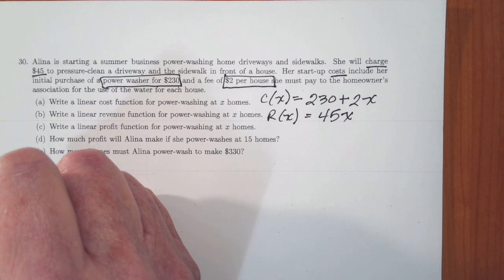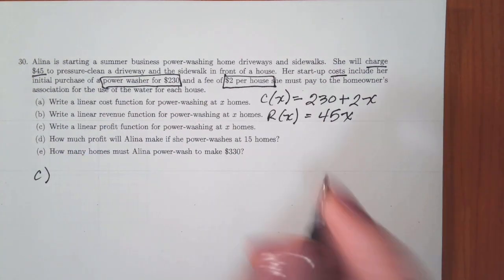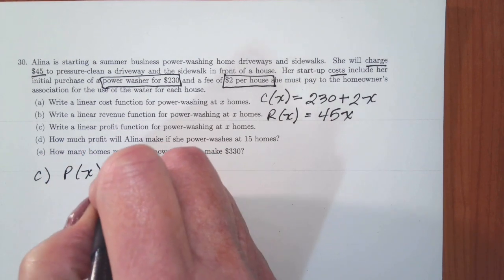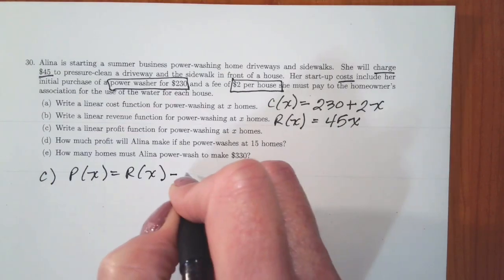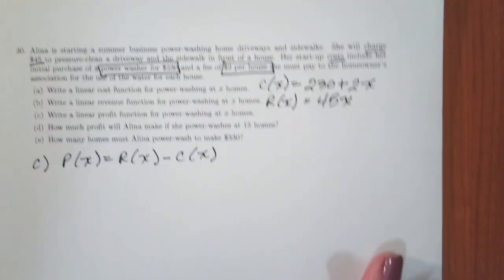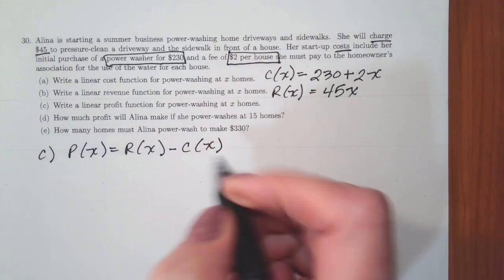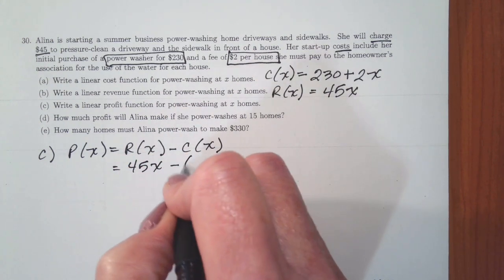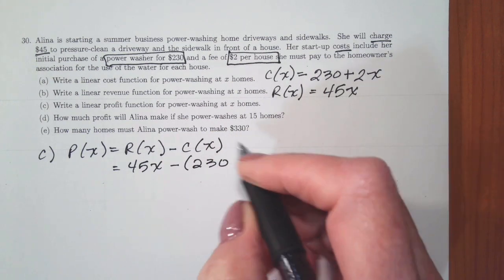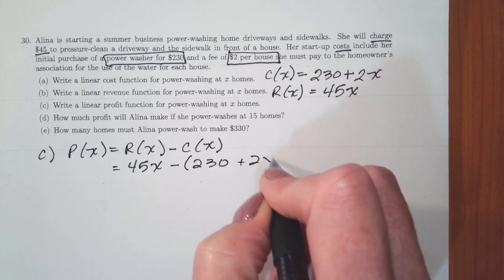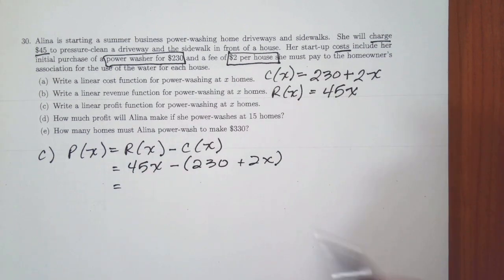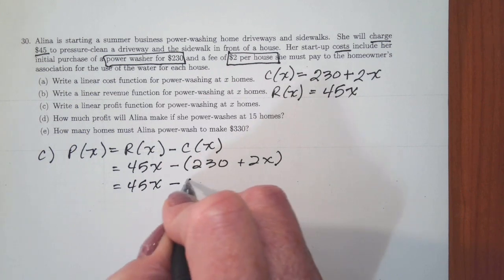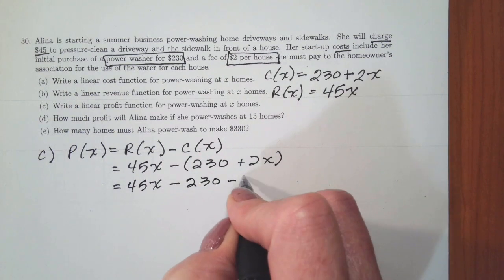Okay, now I'm going to have some room down here. So part C is the profit function. Remember, the profit is equal to the revenue minus the cost. So this is going to be 45x minus 230 plus 2x. So that gives me 45x minus 230 minus 2x.